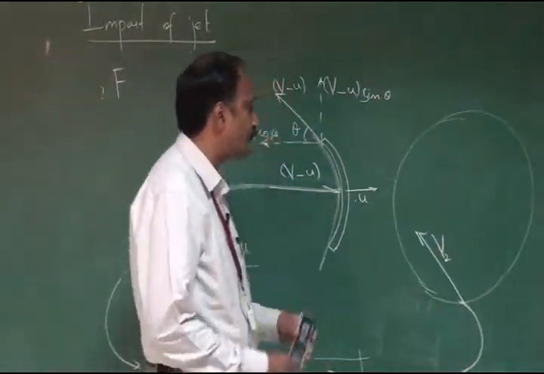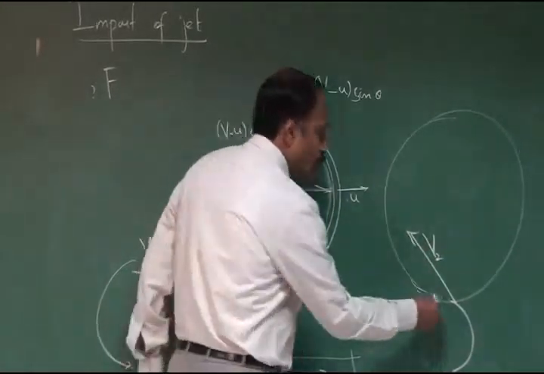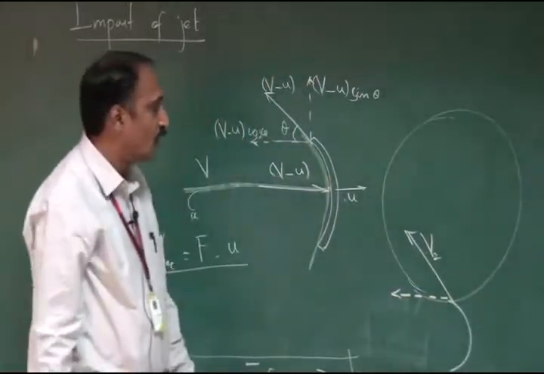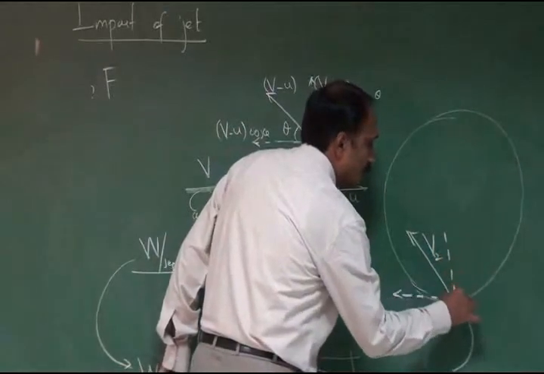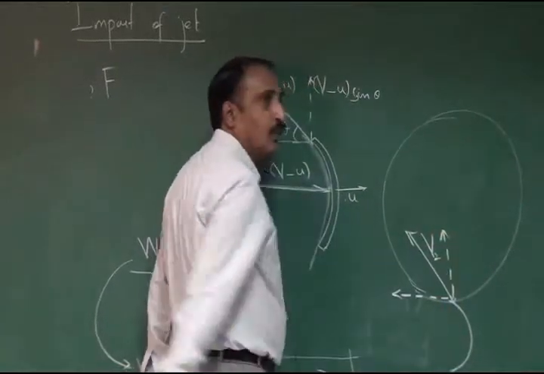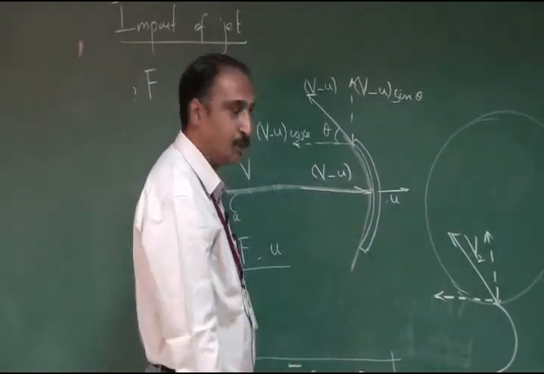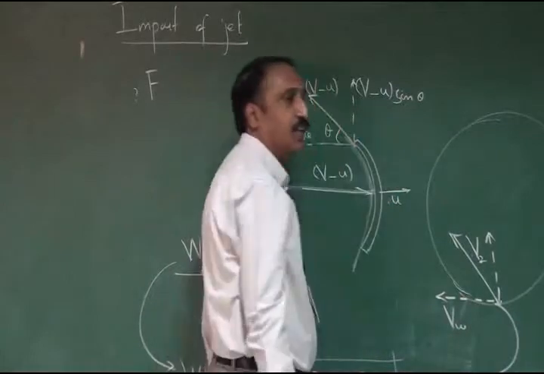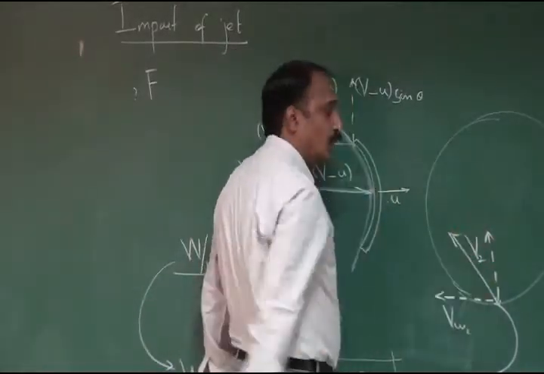For this, we can resolve this velocity vector into two components. One is horizontal vector, another one is vertical vector. Horizontal component of this velocity vector is termed here as VW2, that is velocity of the whirl at outlet 2.